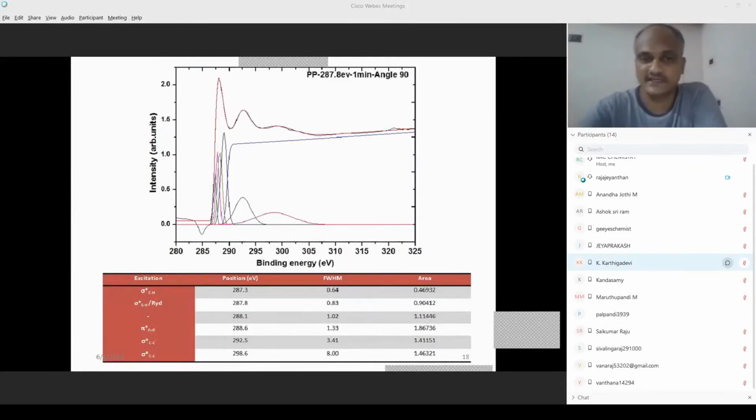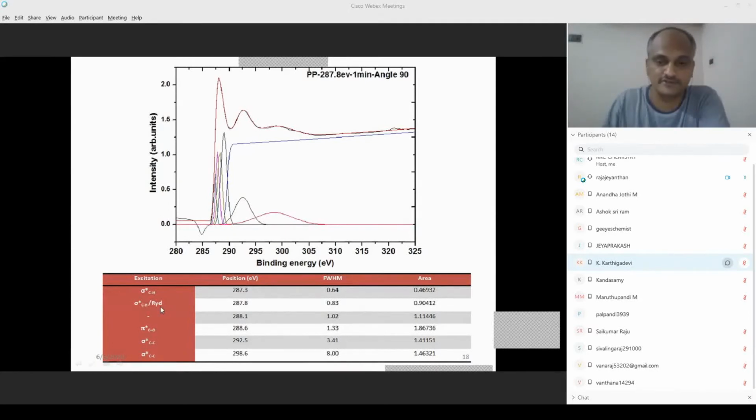This is one of the NEXAFS spectra that we have taken for polypropylene. And when we deconvoluted this polypropylene spectrum, we got six types of excitation. One corresponds to sigma star carbon-hydrogen bond, at the position 287.3, and we get another sigma star CH bond, which is for the Rydberg state also.